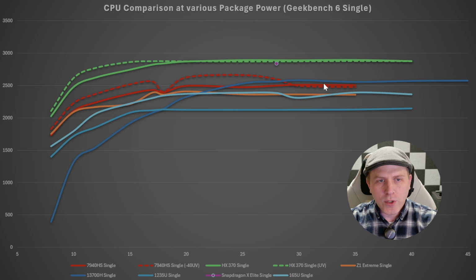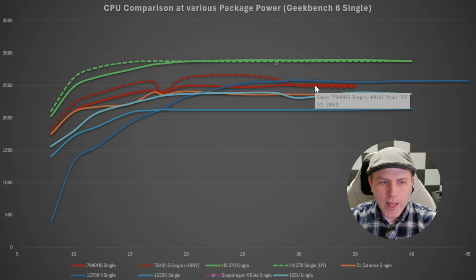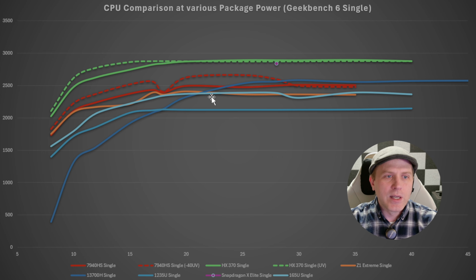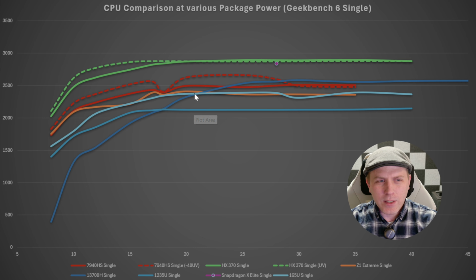And overall, once you hit kind of the limit of how much power you can throw at those cores, it ends up being a more powerful processor than the 7940HS or the Z1 Extreme, but you do have to feed it a bit of power. The 165U in the Surface Pro 10 for business, I was actually surprised how much better it was than the 1235U, because it didn't seem like it was going to be that much better, but it actually was when comparing it in this test.